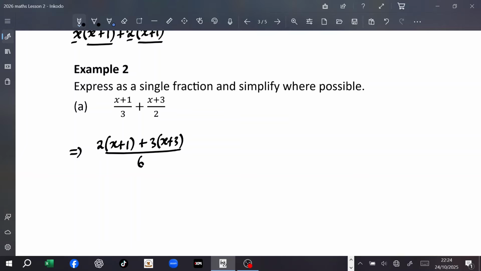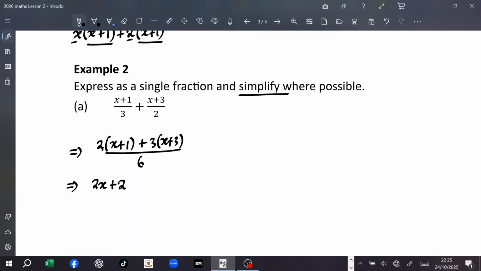So now once we have one fraction, let's simplify to make it simple. So we will clear out the brackets. So 2 times x gives us 2x, then plus 2 times 1, 2.